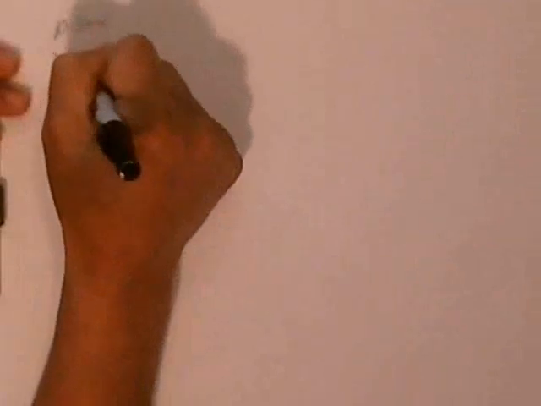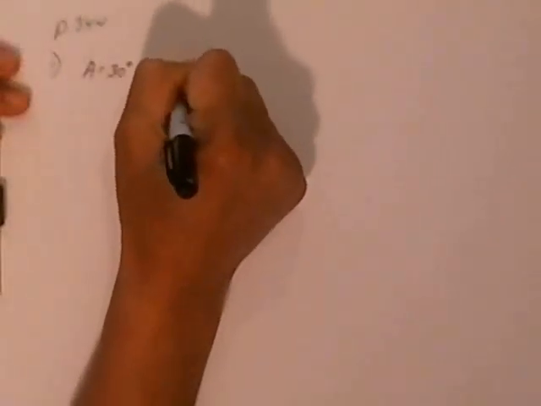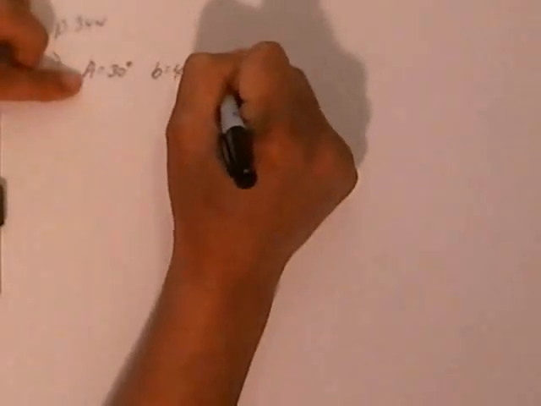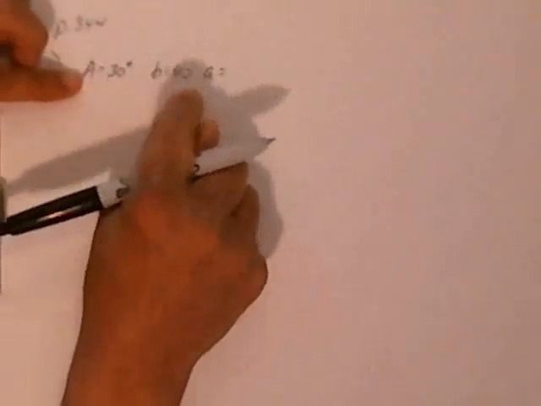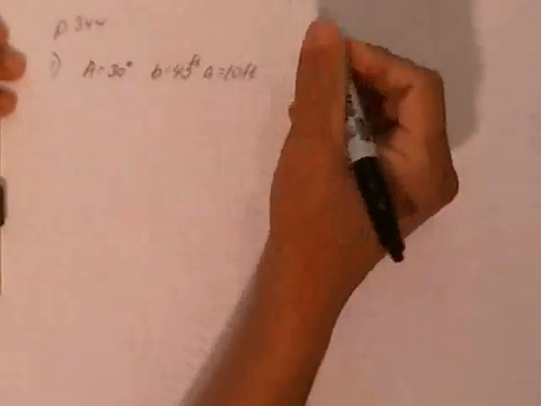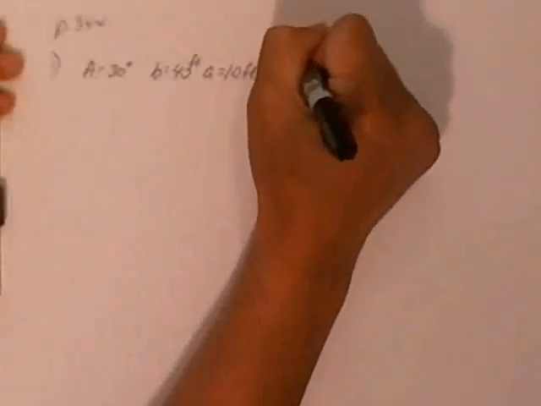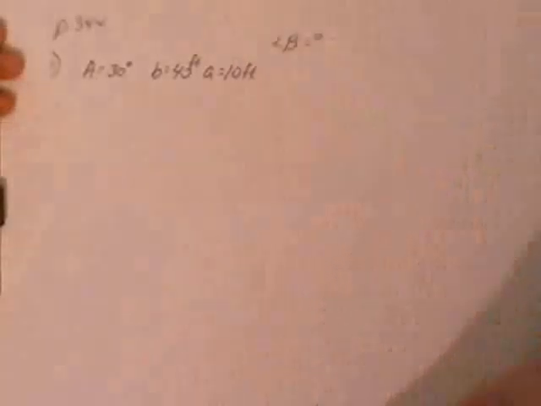They actually give you angle A is equal to 30 degrees, B is equal to 40, and little a, which is opposite this side, is going to be 10 feet. Solve for angle B, that's what we're looking for, and use the results to explain why the triangle has the given number of solutions. And they already tell you that there's going to be no solutions for this.